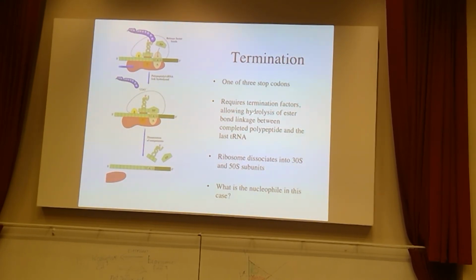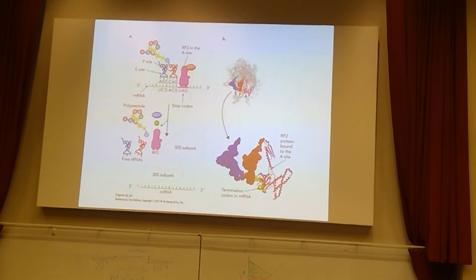It's a hydrolysis, so the nucleophile presumably is water. Right. So water is generally excluded from the peptidyl center. And one big thing that this release factor can do is allow water to come into that peptidyl center. That acts as the nucleophile, and because that's a free molecule, once it acts as the nucleophile, boom, ester bond is cleaved, the polypeptide chain is released.